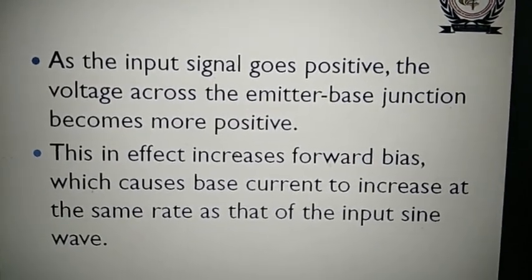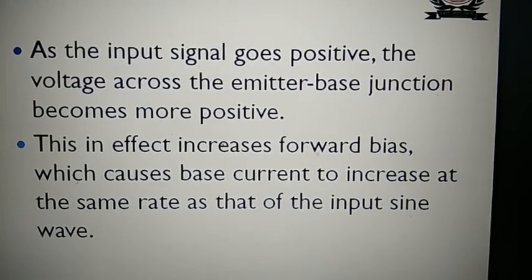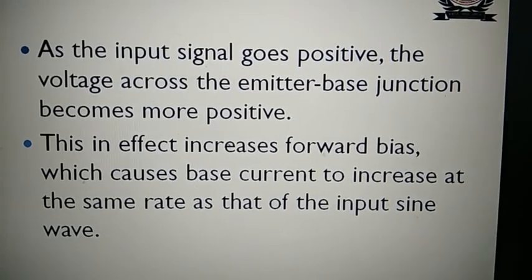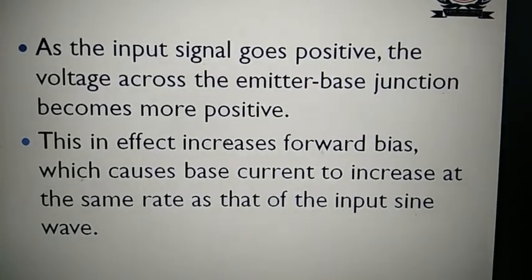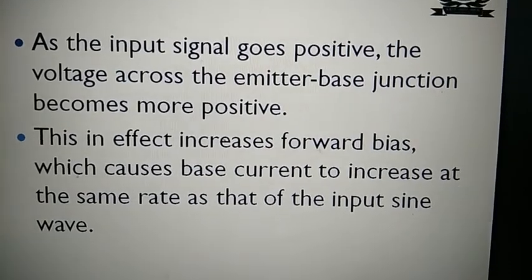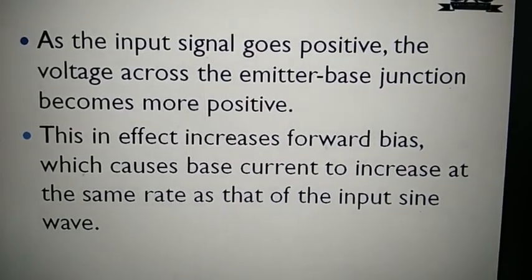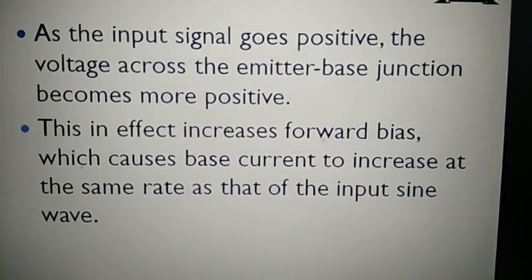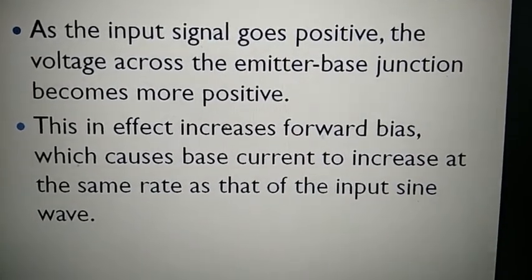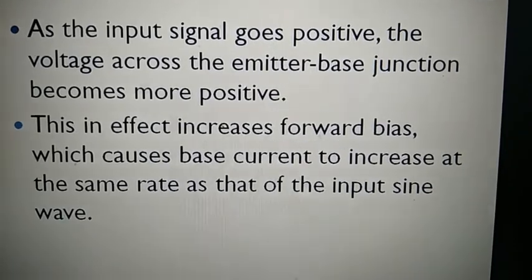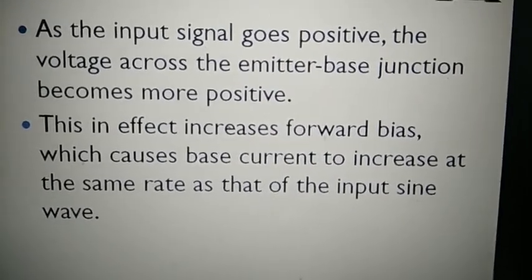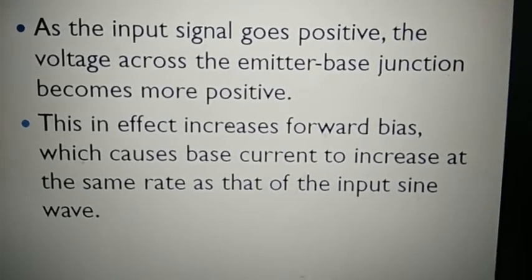As the input signal goes positive, the voltage across the emitter-base junction becomes more positive. This in effect increases forward bias, which causes the base current to increase at the same rate as that of the input sine wave. Therefore, you will get the output.